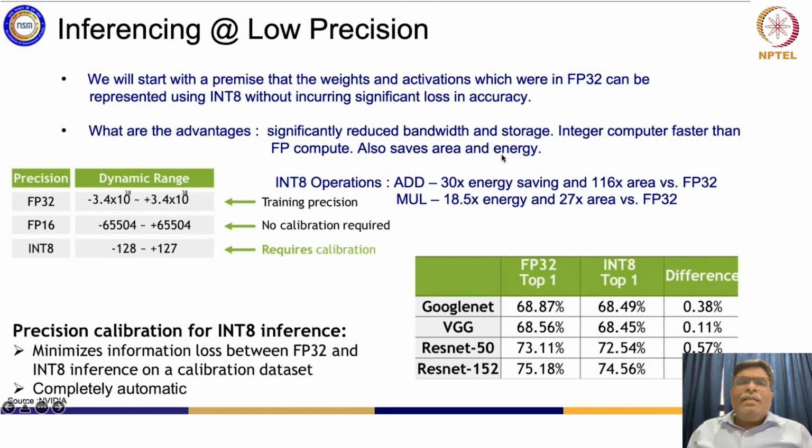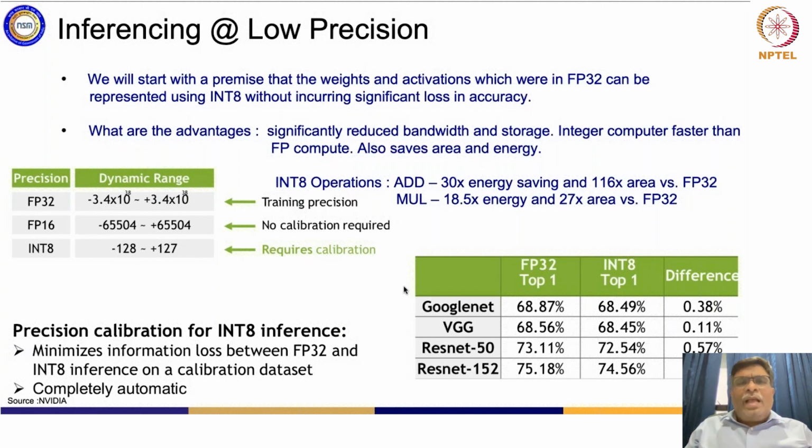Okay, and this also saves energy and area. So these are very significant advantages. You reduce the bandwidth, you reduce the storage, your integer compute is faster than your floating point compute, and you save area and energy as well.